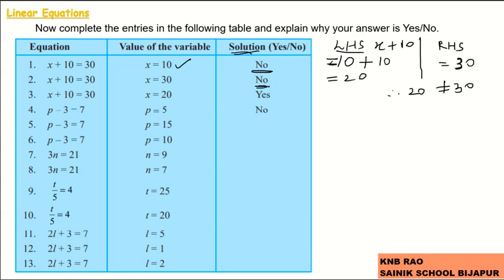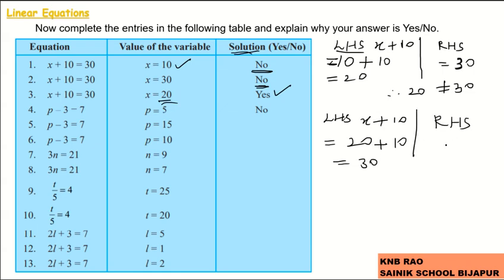So similarly we need to check x equals 30, will it make this equation satisfied? No. What about x equals 20, will it satisfy x plus 10 equals 30? Yes, because in the case of LHS, x plus 10, when the x value 20 is substituted instead of x, gives you the LHS value as 30, whereas the RHS is already 30.